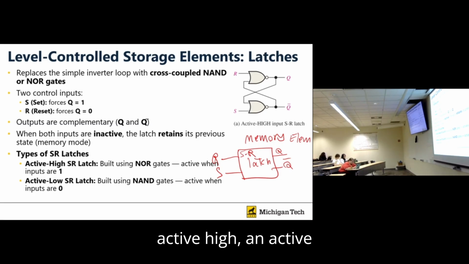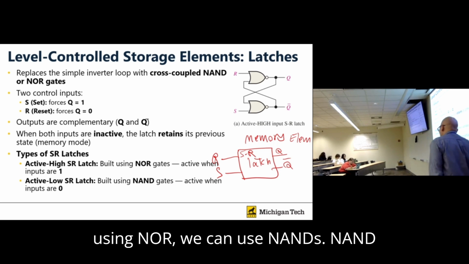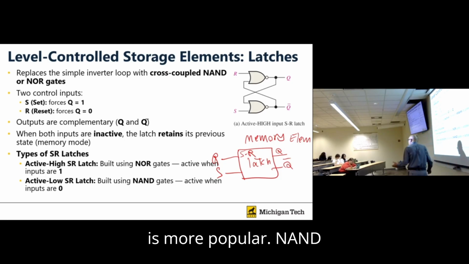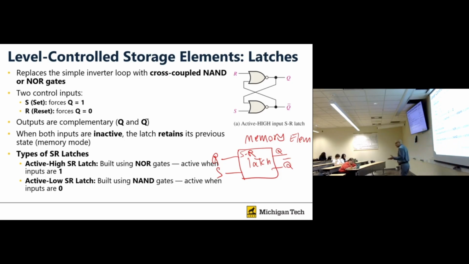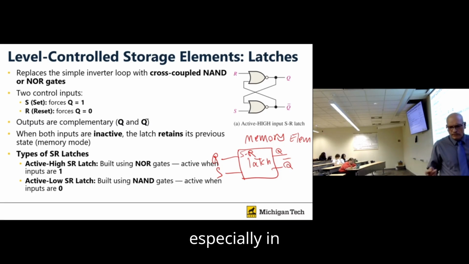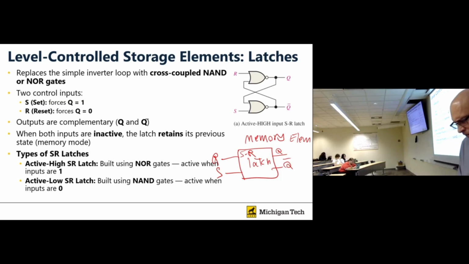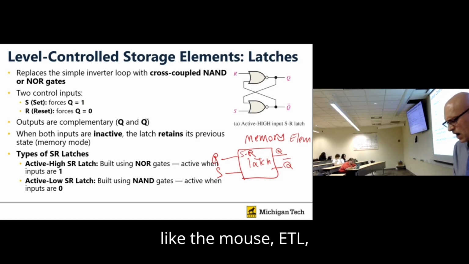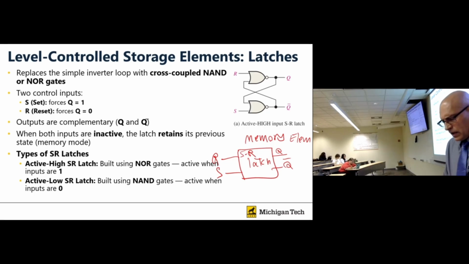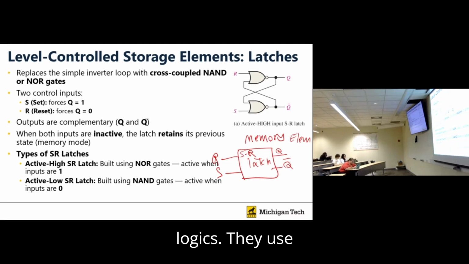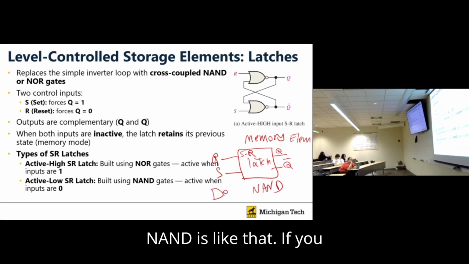We have active high and active low, so instead of using NOR, we can use NAND. NAND is more popular in systems, especially in CMOS and TTL logics.